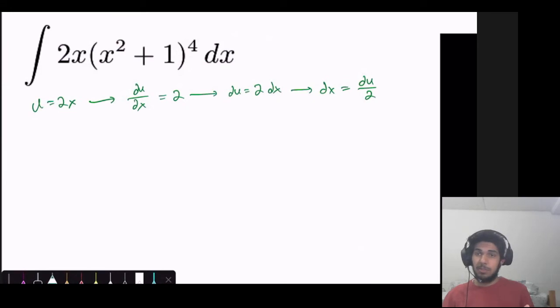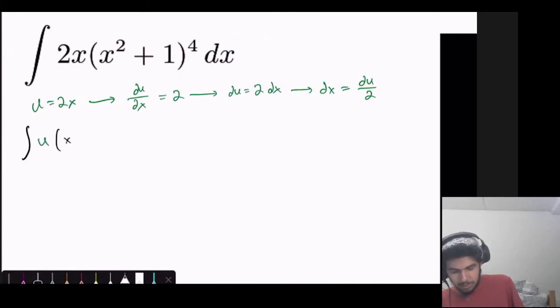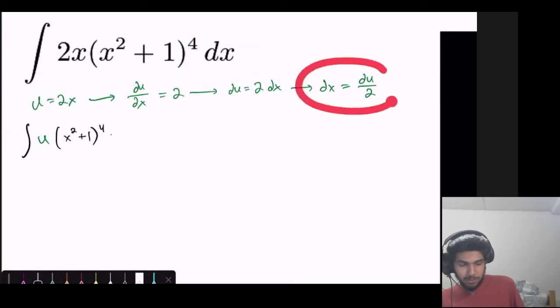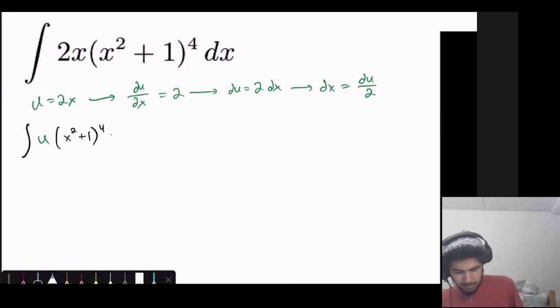Let's go back to the original integral and make that substitution. So we have the integral of 2x, which we said is u, times (x squared plus 1) to the 4th, times dx, which we solved for here, so we'll make that substitution, du over 2.